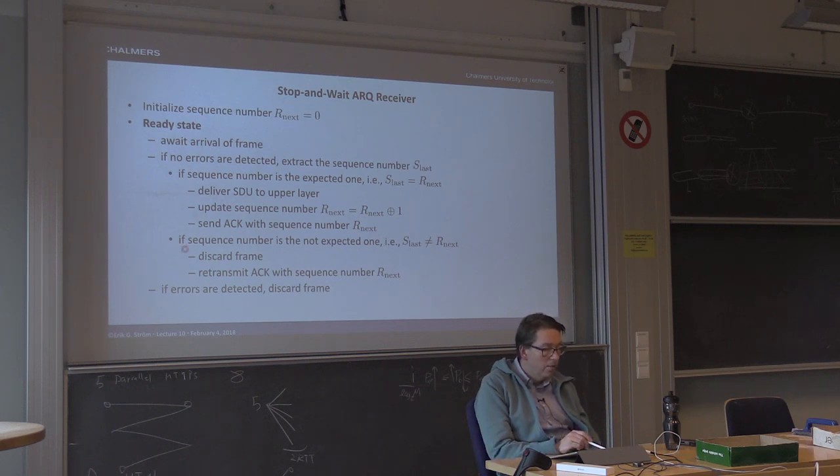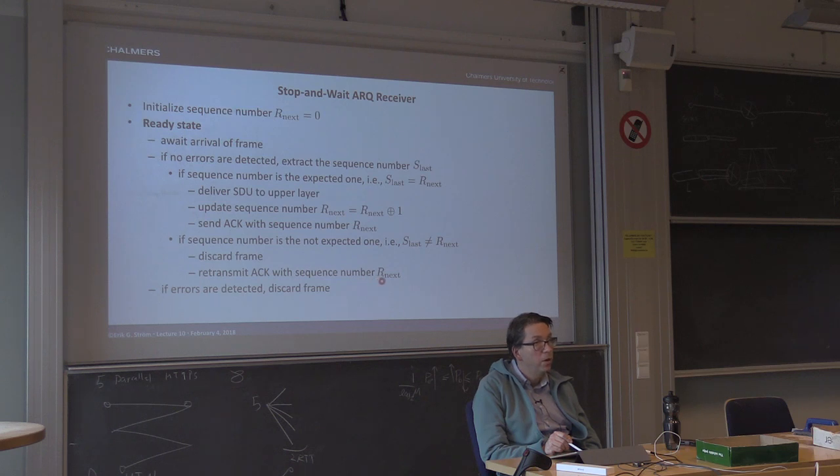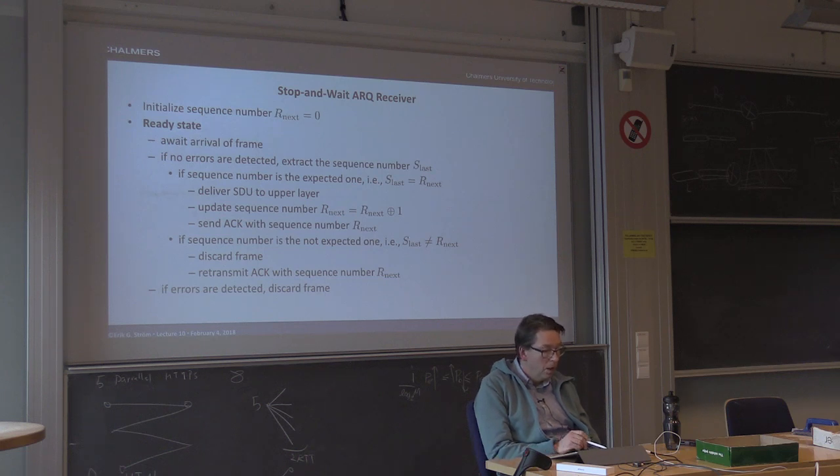Okay. If the sequence number is not the expected one, so S last is not equal to R next, then we throw away the frame and retransmit the acknowledgement with R next. Okay, so we inform the transmitter that I would like to see R next. Okay. If errors are detected in the frame, throw it away.